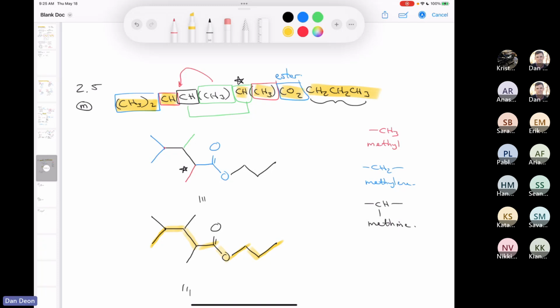Did I copy it down wrong? Could that be? Let me go back here. So 2.5 M. No, it's not. I think you're wrong because I'm counting 1, 2, 3 methines in the question, right?